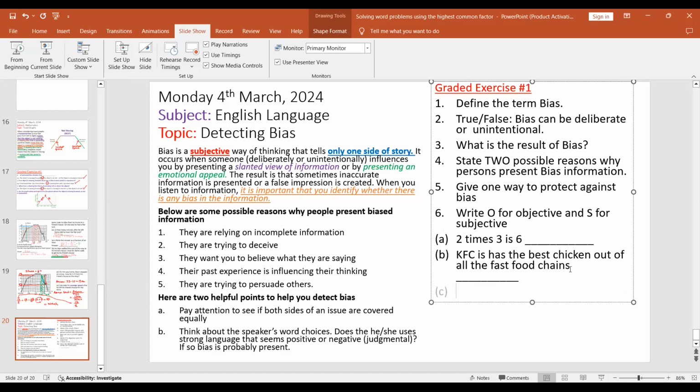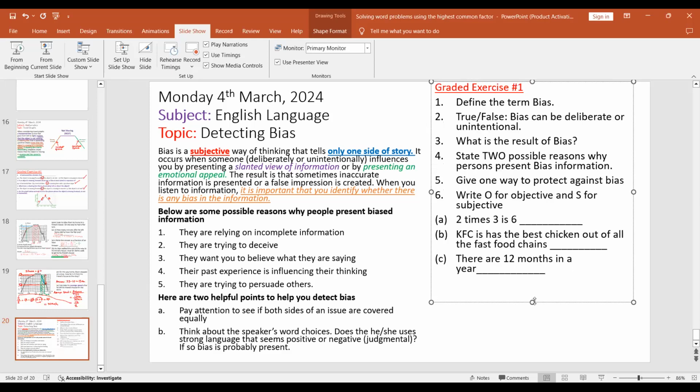Let's see. There are 12 months in a year.